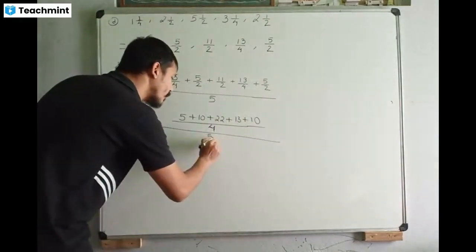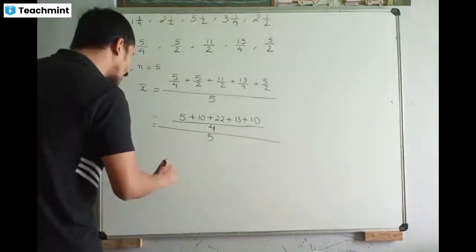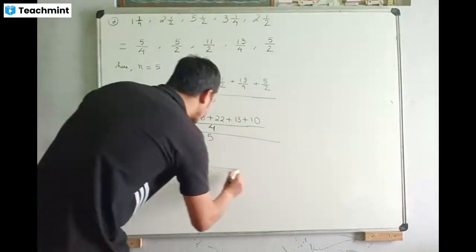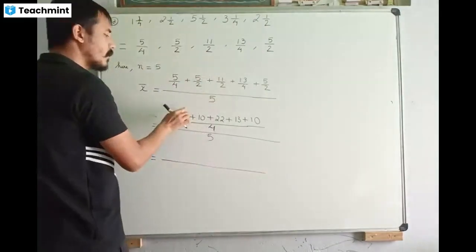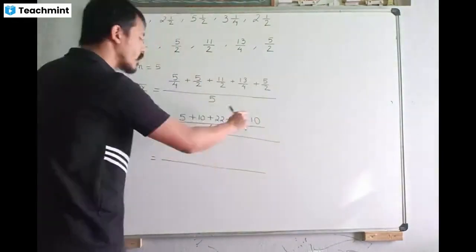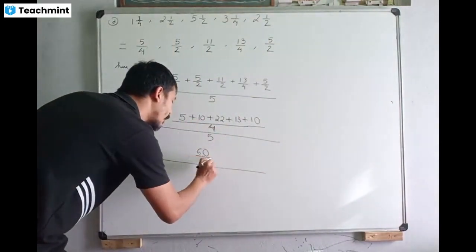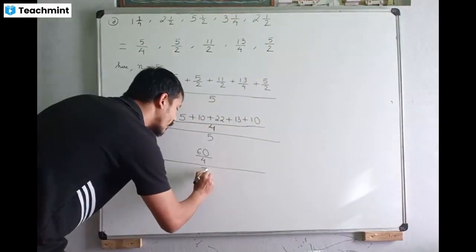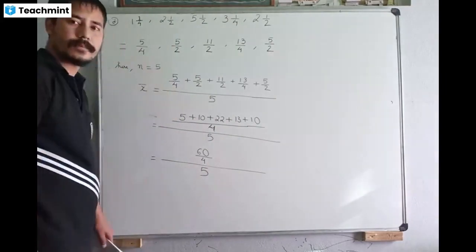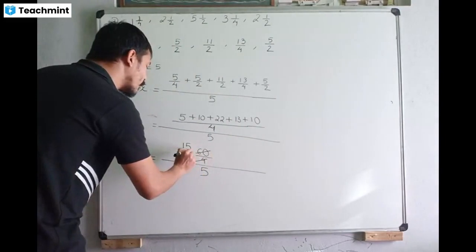Upon 5. Now what we have here is, if you add these terms, 5 plus 10 plus 22 plus 13 plus 10, this will give you a sum of 60. So 60 upon 4 divided by 5. Now 4 times 15 is 60.